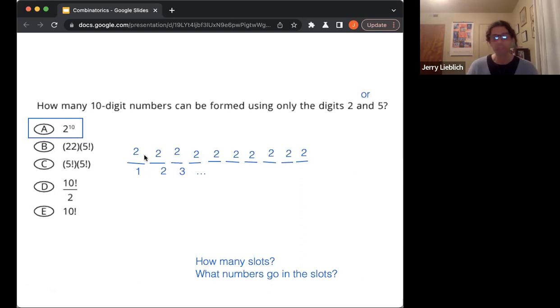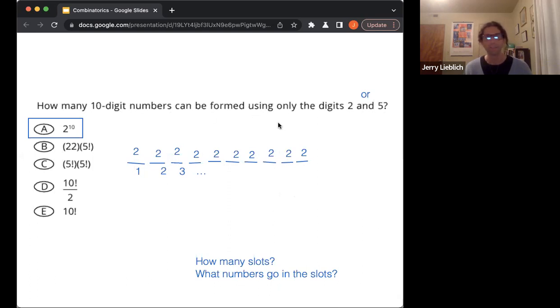But even if it's 2 or 5, what the and or really is about is the first digit and the second digit and the third digit, etc.